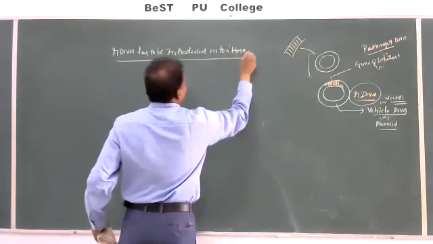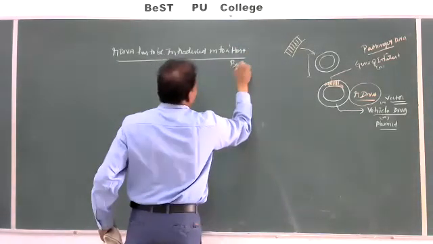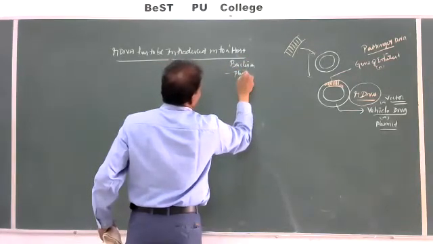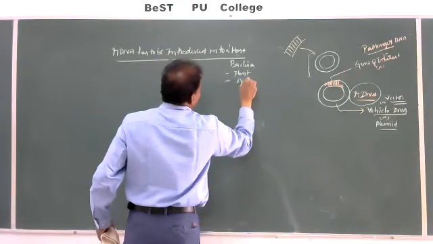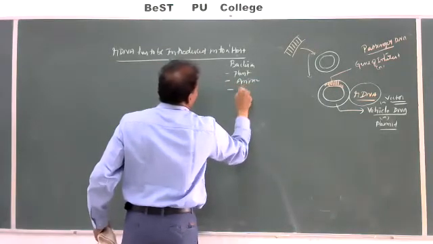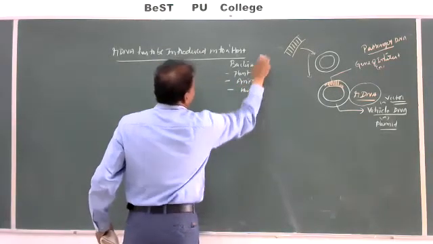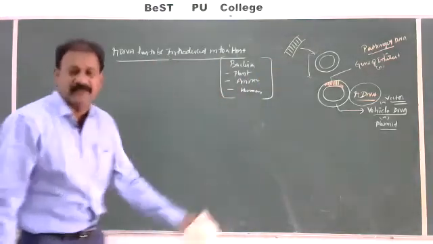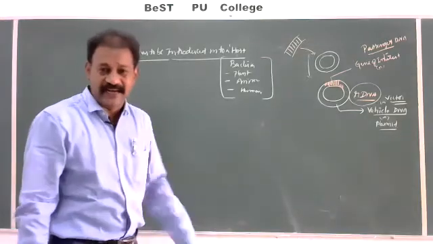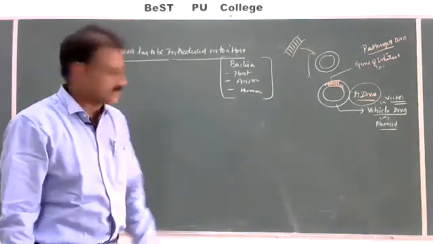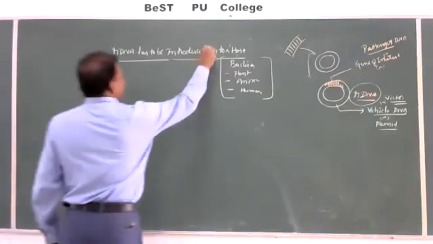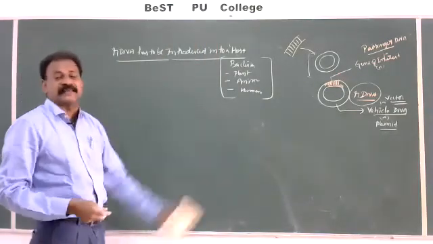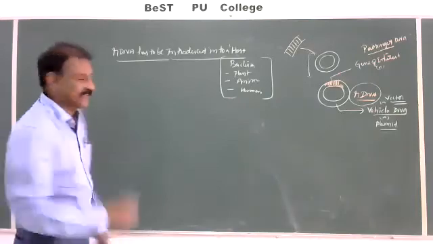The host organism may be a bacteria, maybe a plant cell, maybe an animal cell, or a human cell. Remember this, host organisms vary based upon our experimentation, our need, our requirement, our process. Generally, in this recombinant DNA study, we work with a bacterial cell, transformation with a bacterial cell.